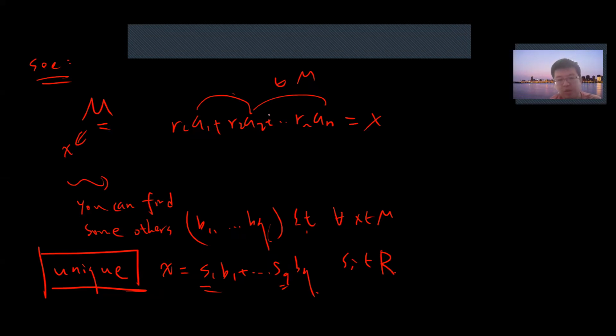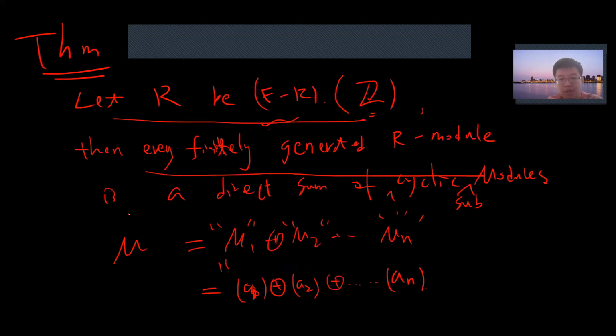But this does not immediately tell you that you can find others such that x can always be uniquely written this way. So the difficult part is this uniqueness, which needs to be based on a ring structure, such that you choose your ring to be a Euclidean ring.